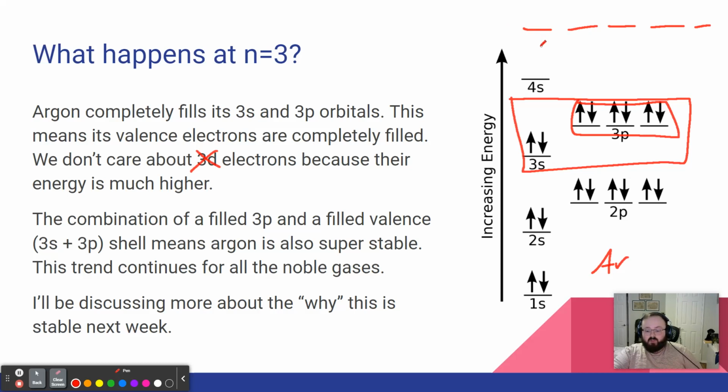Alright, that's too much energy. Be lazy. Don't worry about your 3d. 3d, we don't care about it. Alright, the valence electrons are going to be these 8 electrons here. And this is full. So it has the full valence and the full 3p, which gives us super stable, and this trend continues for all of the noble gases.